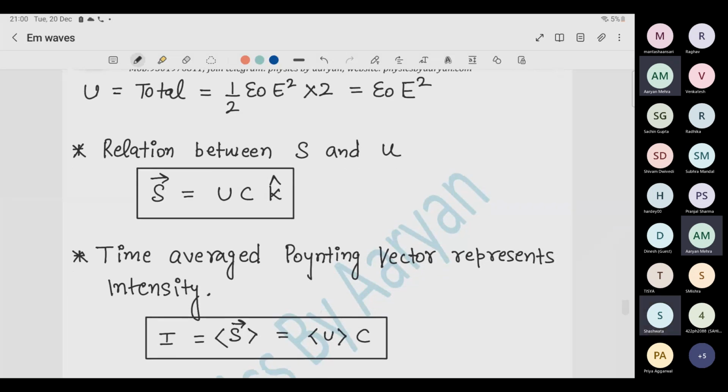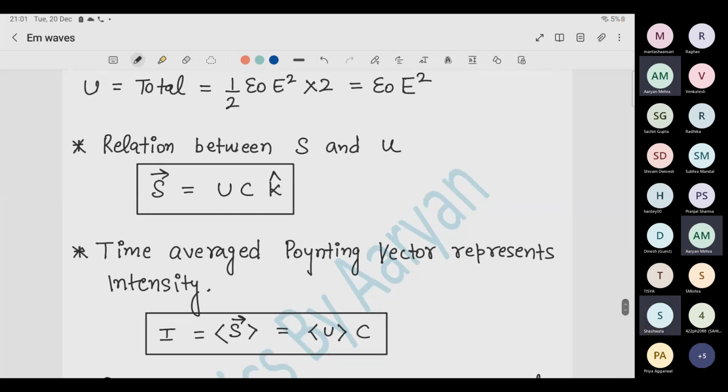Next, there is a relation between Poynting vector and energy density. Poynting vector is energy per unit area per second, and your energy density is energy per unit volume.